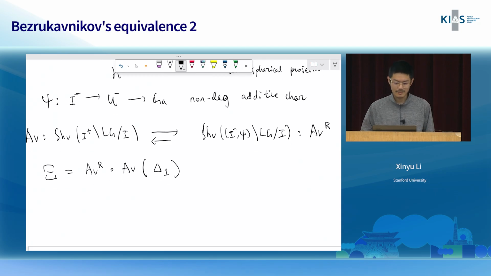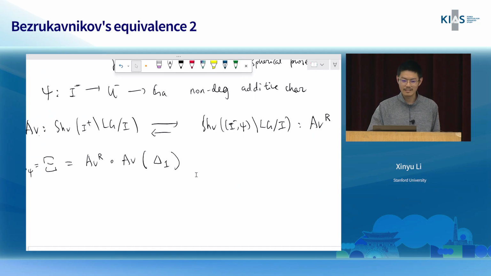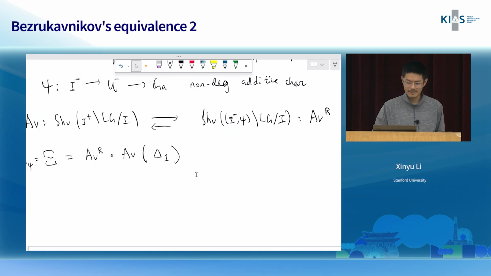This is a definition, and if you want to be more careful, this functor psi, or this object, actually depends on my choice of a Whittaker datum, the Whittaker character psi. So if I want to be more careful, I add a psi here. But this is consistent with all other phenomena in local Langlands where you need to rigidify your equivalence by some Whittaker datum.